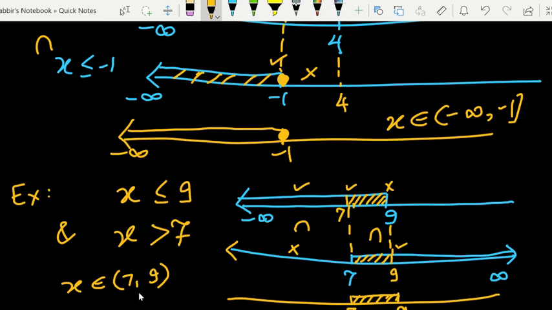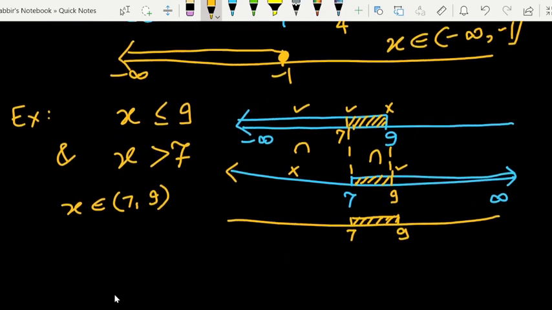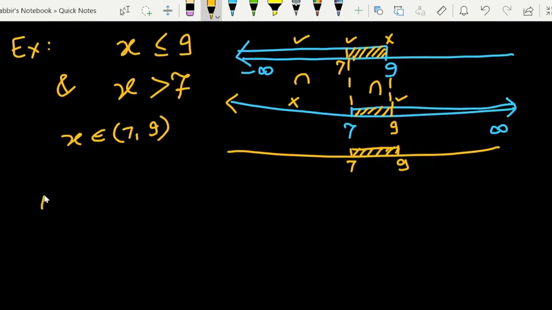Okay guys, now we have seen a basic inequality, like if x is, let's say, from minus 1 to 4. This is one of the basic inequalities that we have seen.